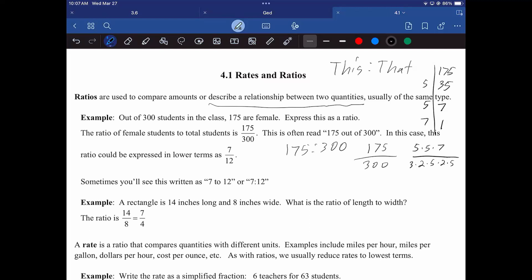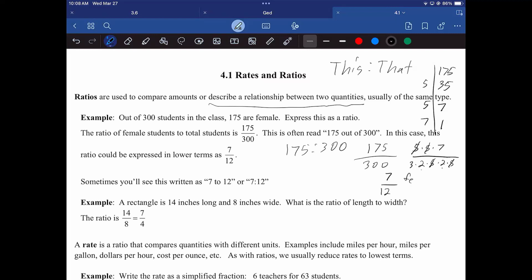Now I'm going to look at that and say if it's the same top and bottom, it's going to reduce. So 5 divided by 5 is 1. 5 divided by 5 is 1. 1 times 1 is 1 times 7 is 7. So I get 7 over 3 times 2 is 6 times 2 is going to be 12. So we can say the ratio is 7 to 12.